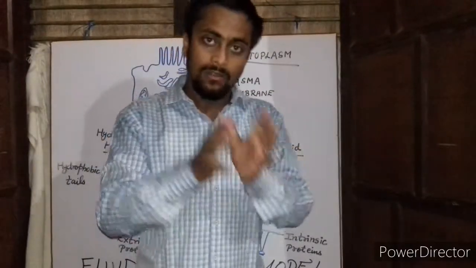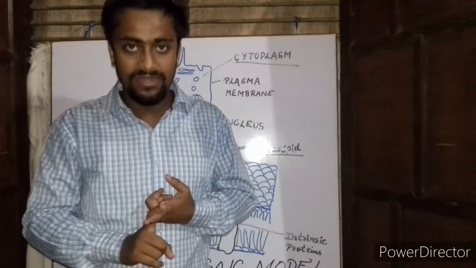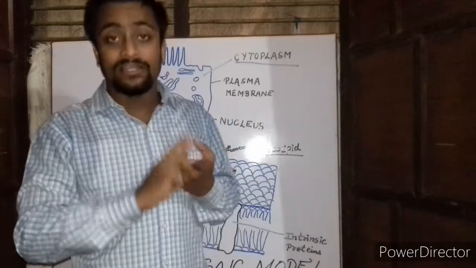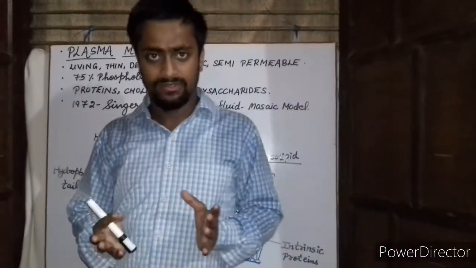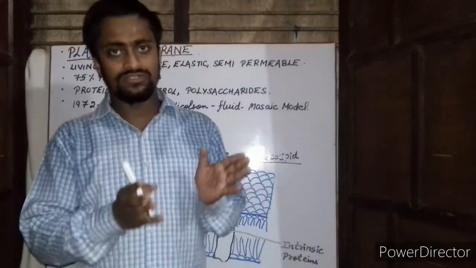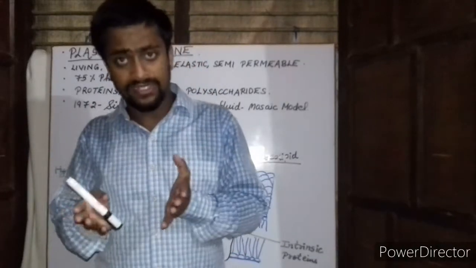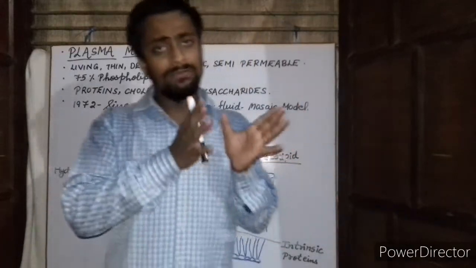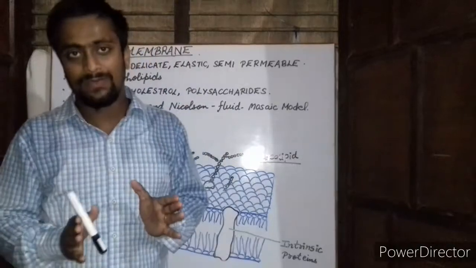Now we will be dealing one by one with the three basic structures: the plasma membrane, second the nucleus, and third the cytoplasm. Now what is actually meant by a plasma membrane? Most of the cell organelles such as mitochondria, lysosomes, chloroplasts, peroxisomes, Golgi and the nucleus all consist of an outer membrane, and this outer membrane of the cell is called the cell membrane or the plasma membrane.